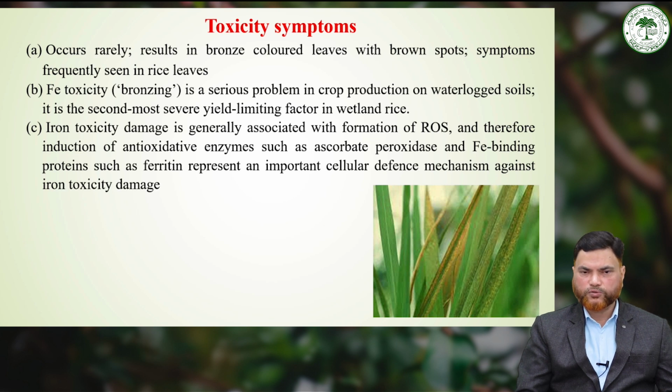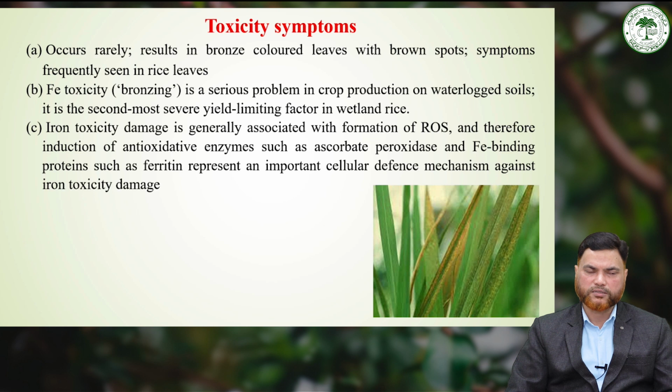In addition to this, plants could employ iron binding proteins such as ferritin to sequester excess iron and minimize the toxic impact on various cellular processes in plants. These defense strategies serve a vital role in safeguarding the plant against the damaging effect of iron toxicity, ensuring optimal growth and productivity, particularly in case of rice.